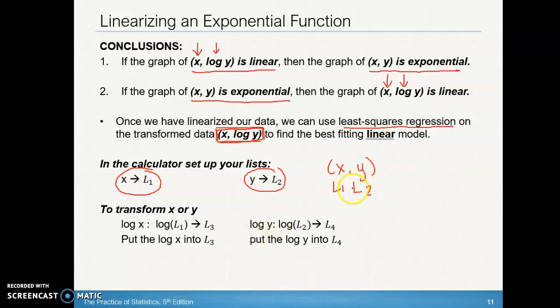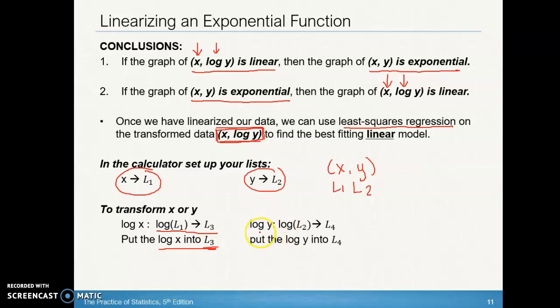Now, in list 3, you are going to take the log of list 1, which is going to take the log of all of your x values. We'll talk about why you're going to do that in a minute. So you go to the top of list 3 and type in log of list 1. That takes all of your x values and puts the log in front of them.